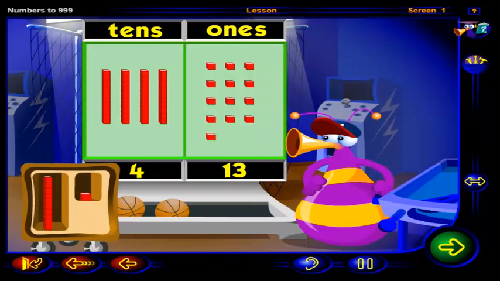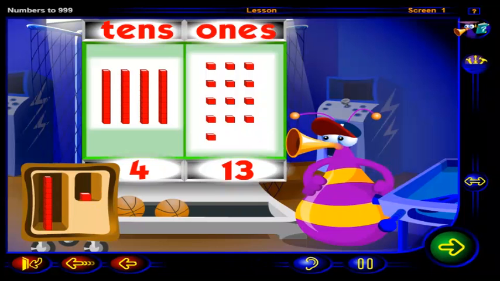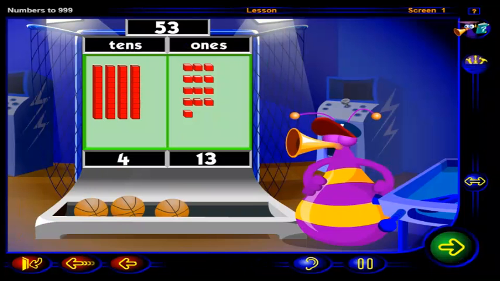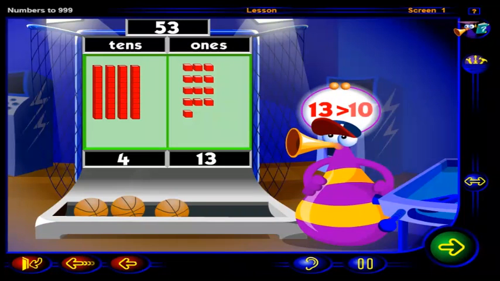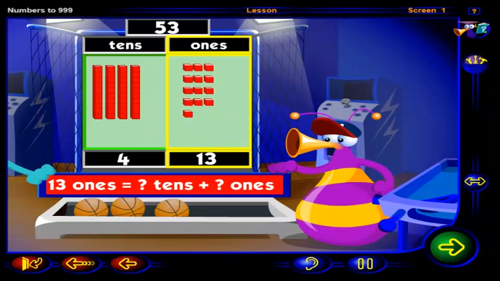That's it. These blocks show 4 10s and 13 1s. But wait a minute. 13 is greater than 10. How many 10s and how many 1s are in 13 1s?